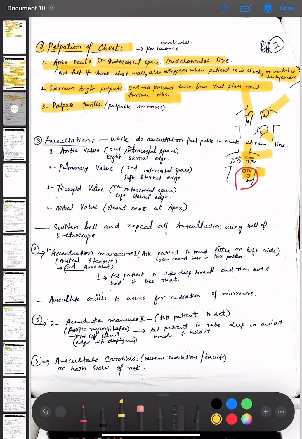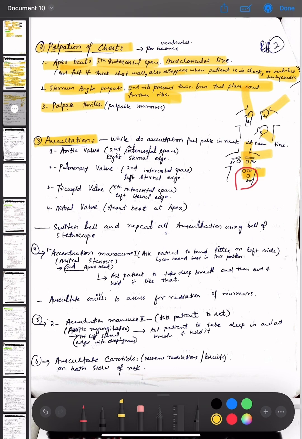Okay, after palpation of the chest, auscultation is done. While doing the auscultation, feel the pulse in the neck at the same time. You should put your 2 fingers on the neck and feel the pulse and also auscultate the patient.